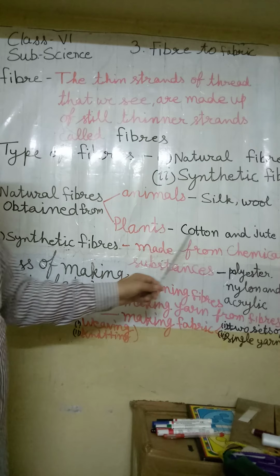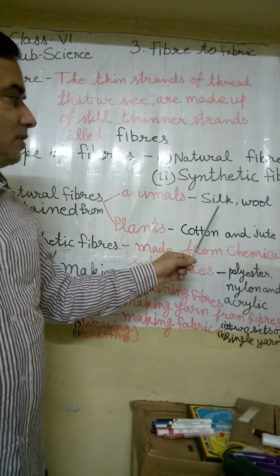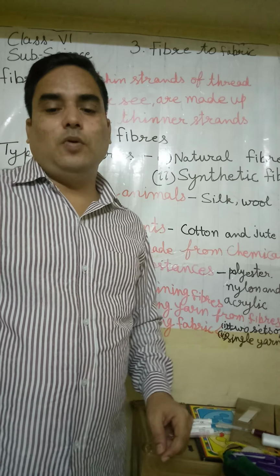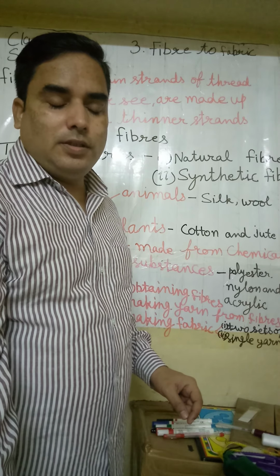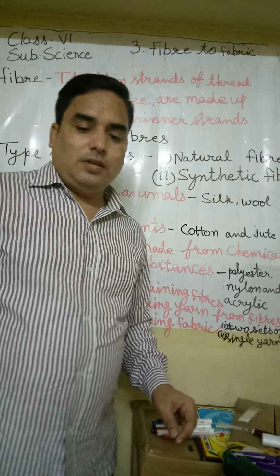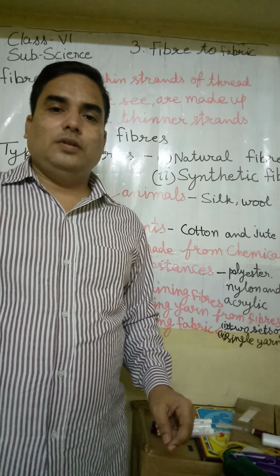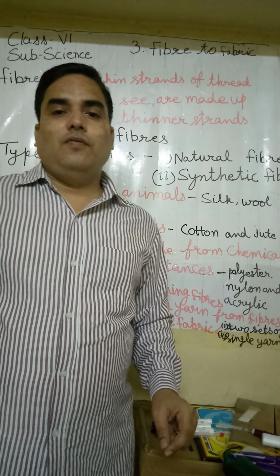And the animal fibers we also get from the silk moth. The silk moth, that is an animal. In its life, the silk moth makes a cocoon that gives us silk fiber.